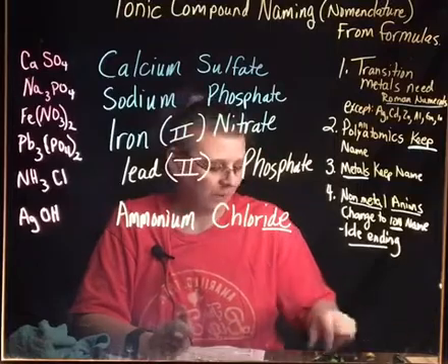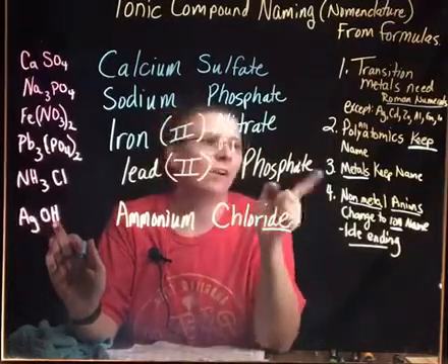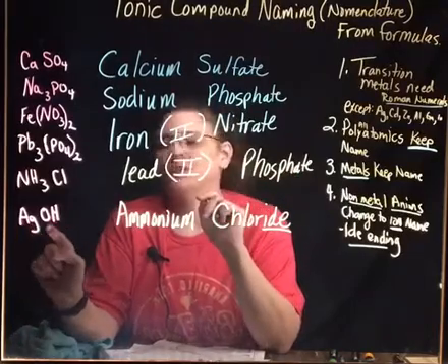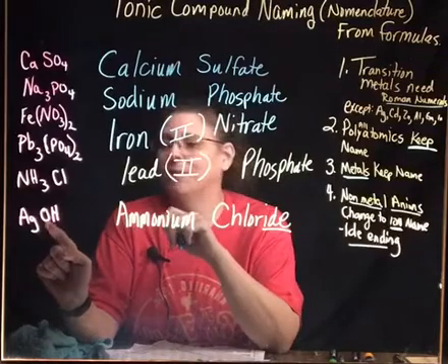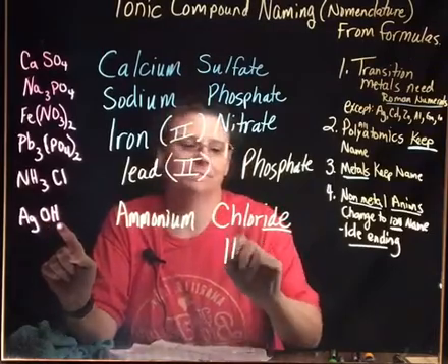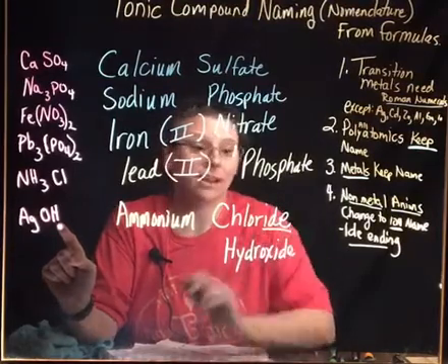Okay? We took the INE off and put IDE. All right, this last one we have is AgOH. I know I'm going to have a polyatomic ion because I have more than 2. It's not AgO. I can't find that anywhere. Maybe it's OH. Oh, look, there it is right there. Hydroxide. Okay.